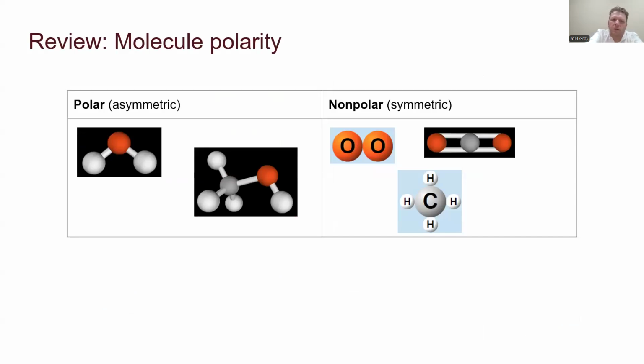Now, one of the things that we talked about previously was molecule polarity. We talked about if a molecule had any sort of pull to it. And I will always bring this up: it's basically like a game of tug of war. Let's say we have the Incredible Hulk over here.